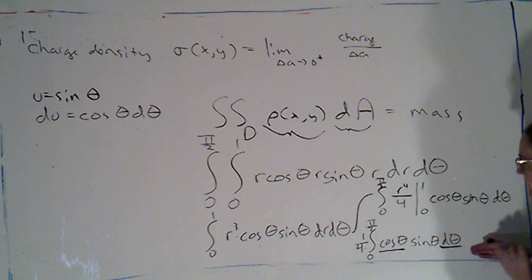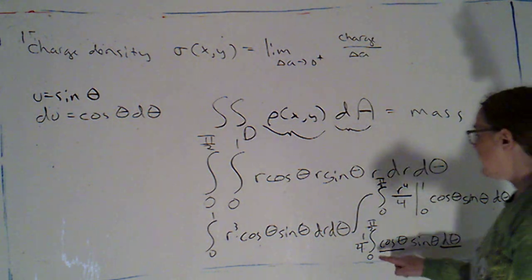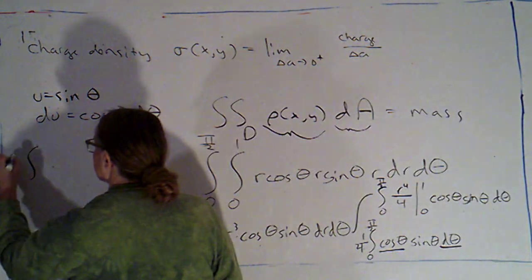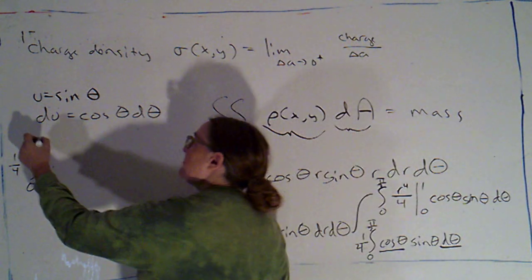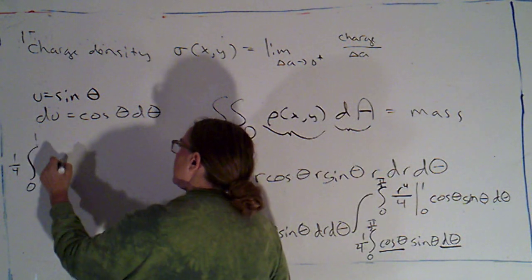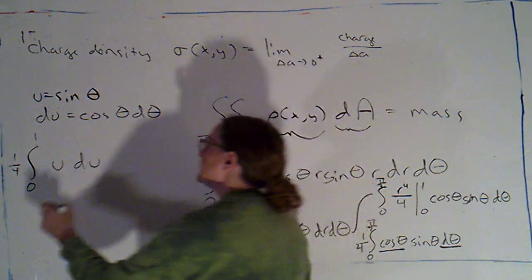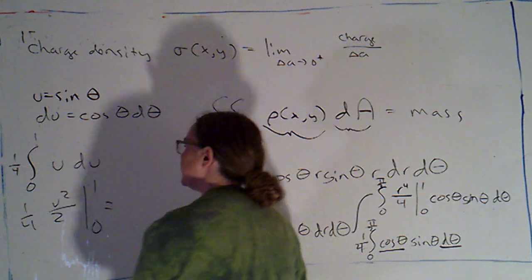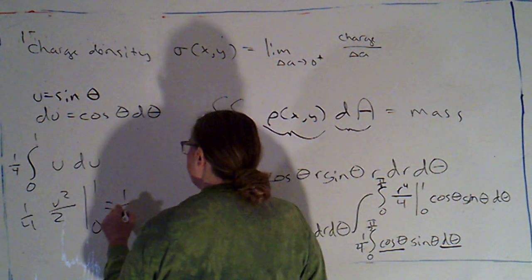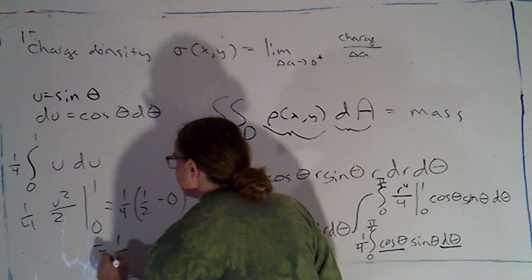So this bit becomes my du. We're just integrating u, but we're going then from sine of 0, we still got that 1/4, sine of 0 is 0, to sine of pi over 2 is 1, and we're integrating u du. So that's 1/4 times u squared over 2 evaluated between 1 and 0. That's going to be 1/4 times 1/2 minus 0, which is going to give us 1/8.